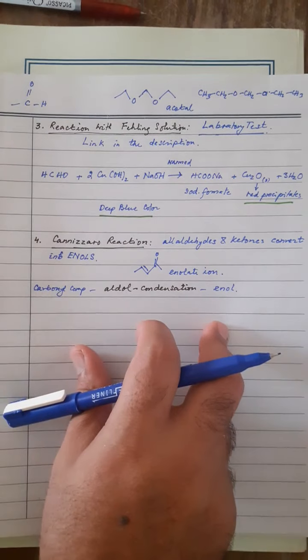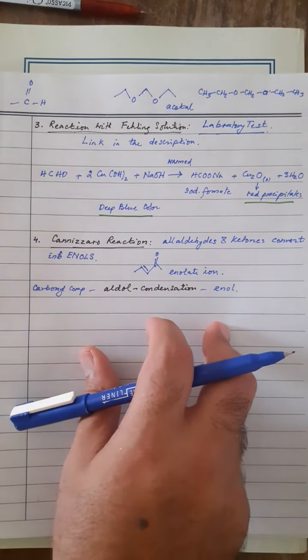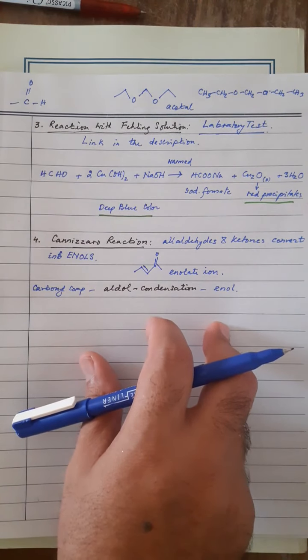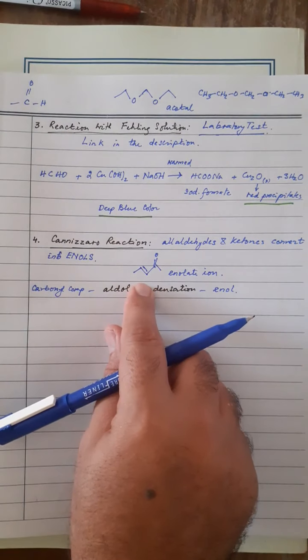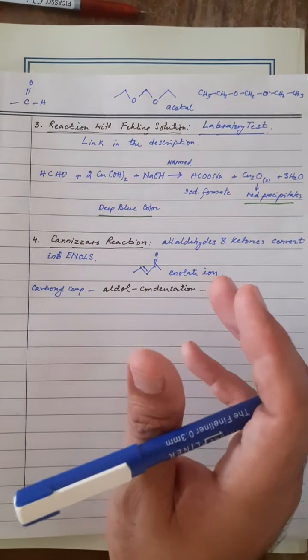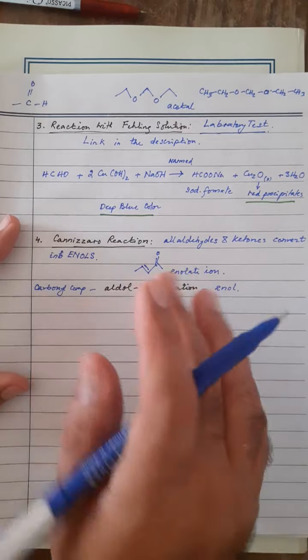Okay, why does this happen? Now this will open a new discussion, because acetaldehyde has an alpha carbon, the second carbon, which makes a pi bond. Formaldehyde does not have two carbons; it's just a single carbon. Okay, so it cannot do aldol condensation.